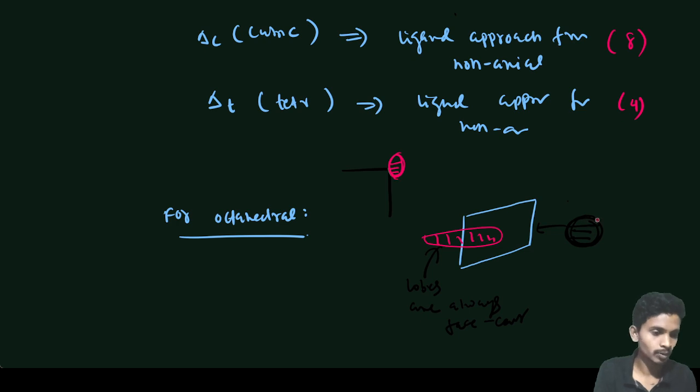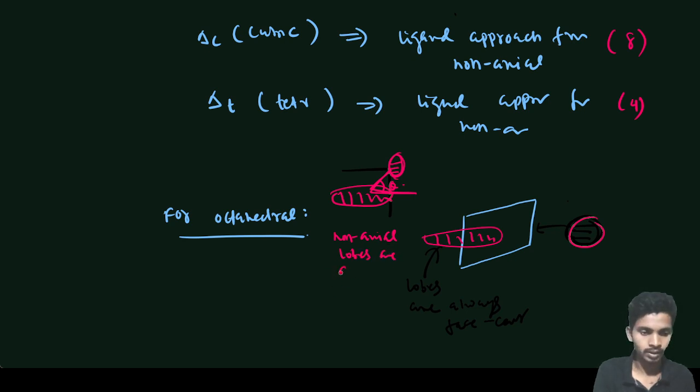Here ligands are approaching from face centers, here ligands are approaching at the edge centers, and these are the lobes. So the angle between them is 1 theta. So non-axial lobes are always at edge centers.